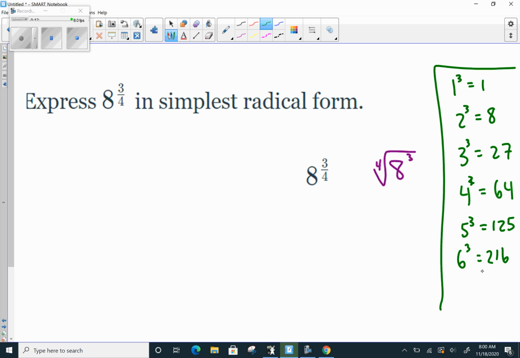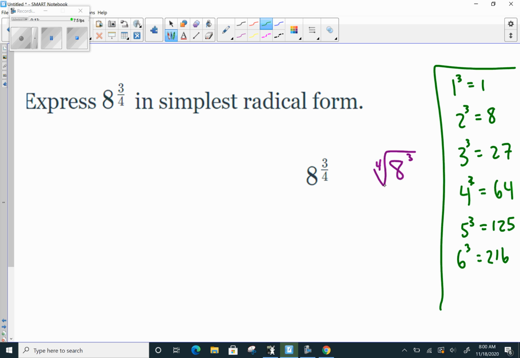All right, for this problem, we want to evaluate this. So the fourth root of 8: is there a number that when you multiply by itself 4 times gives you 8? 1 times 1 times 1 times 1 is 1. 2 times 2 times 2 times 2 is 16.